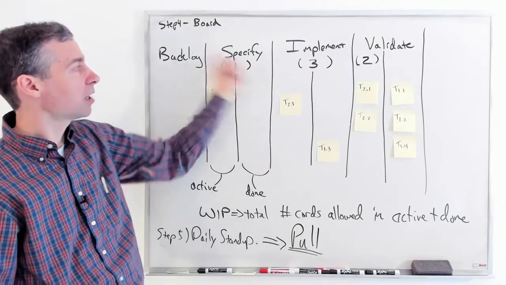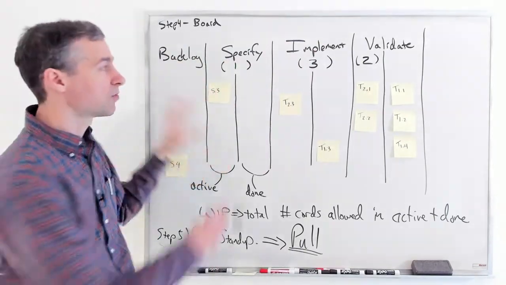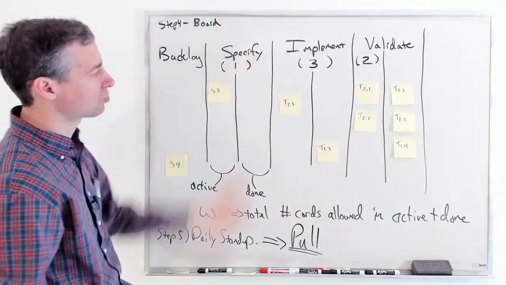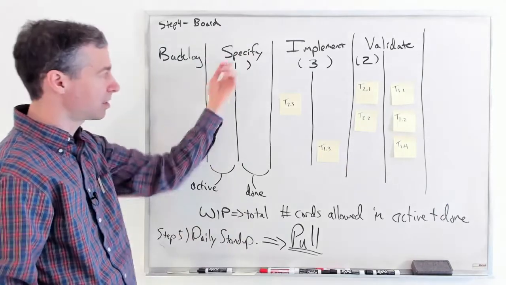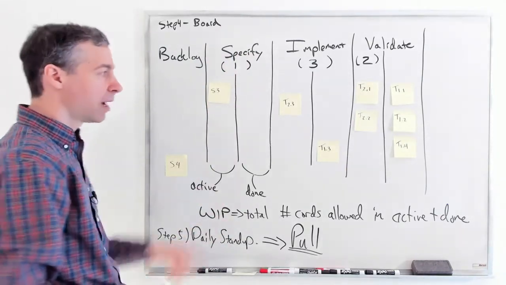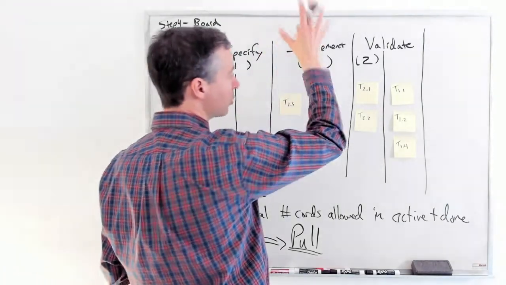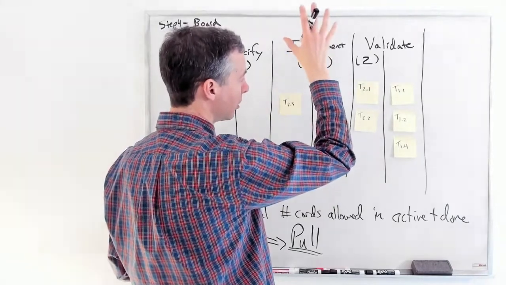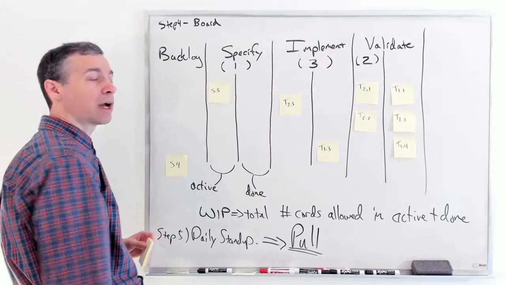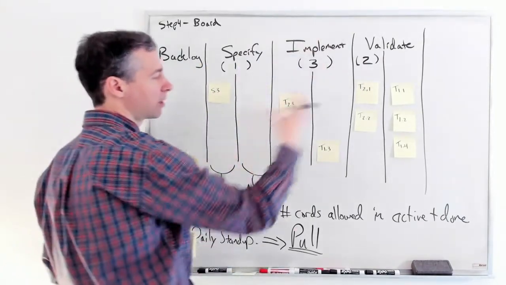Or in some flows, maybe the upstream ones are producing too much work at too fast of a rate. So that's when you start changing your work in progress limits. I could constrain the Specify people, if I had a higher amount of specification, to a lower work in progress and shift people elsewhere on the project, or I can ask management to add more people to Implement so that I can process things.